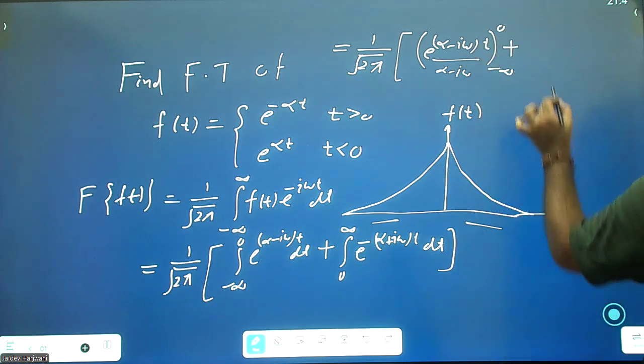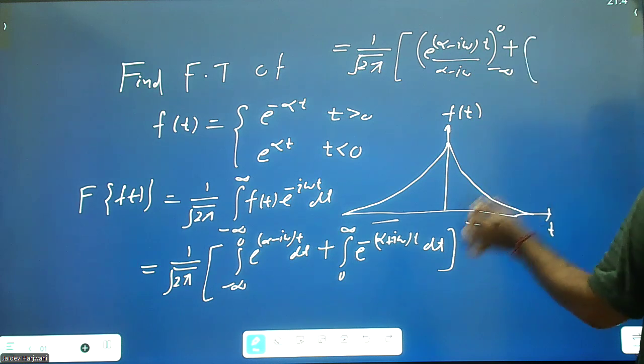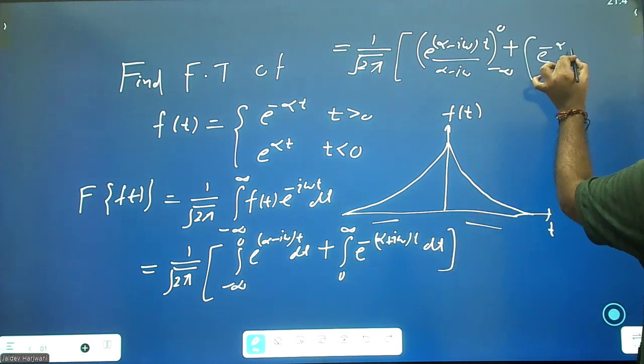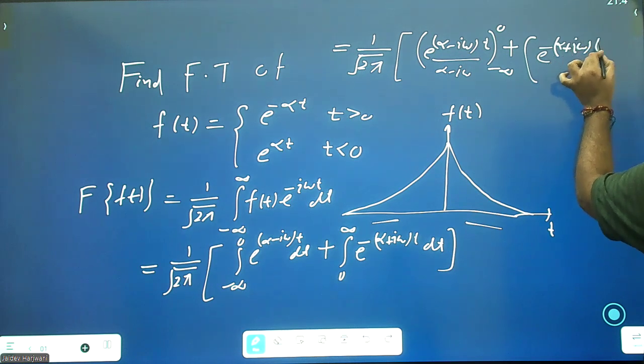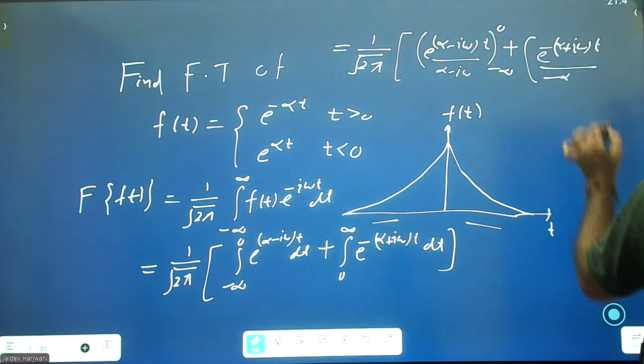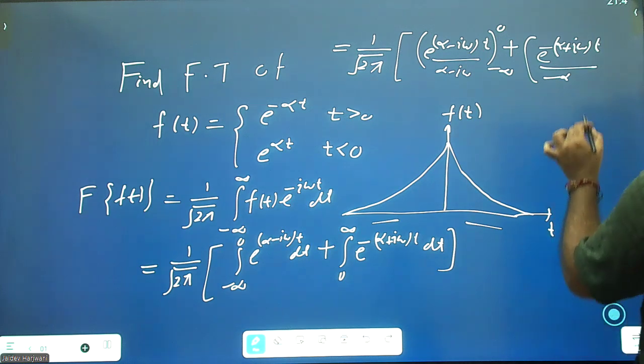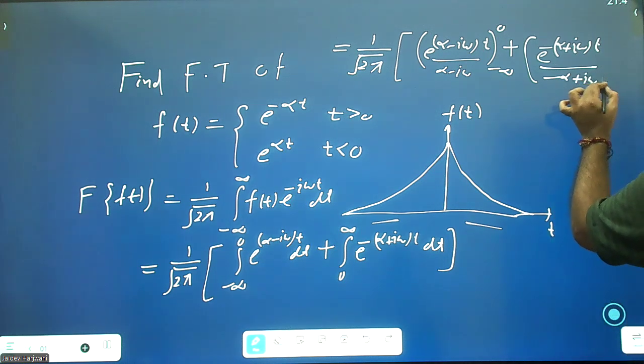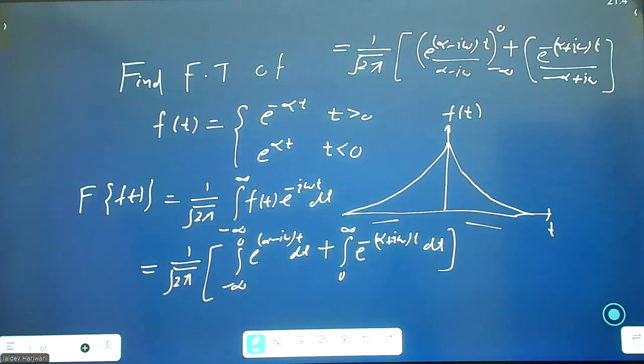Then you have e power minus alpha plus iota omega t divided by minus alpha plus iota omega, with the limit 0 to infinity. Now just put the limit.